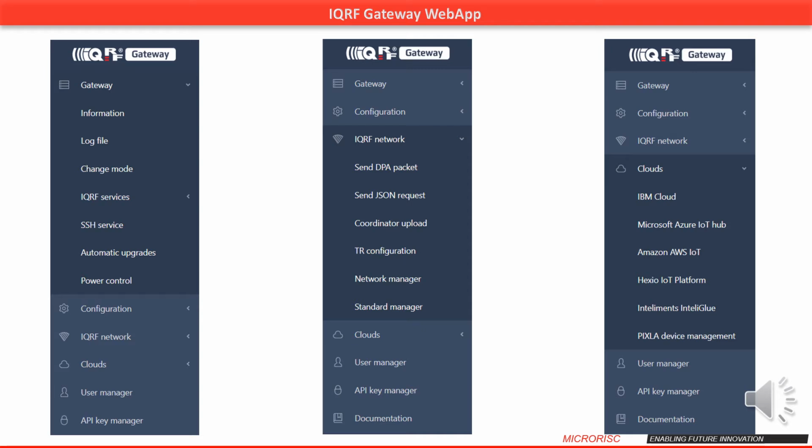The Iqrf network section has most of the tools for administration and management of the Iqrf network. To support the gateway connection to some cloud services, the web interface includes a wizard to simplify the connection configuration.